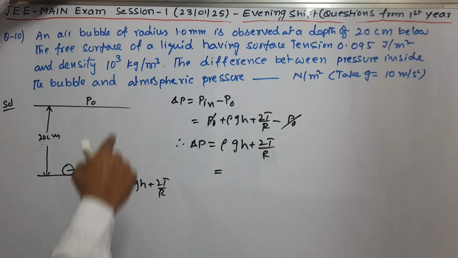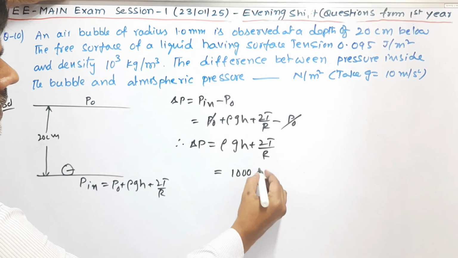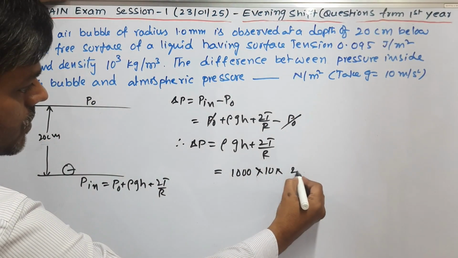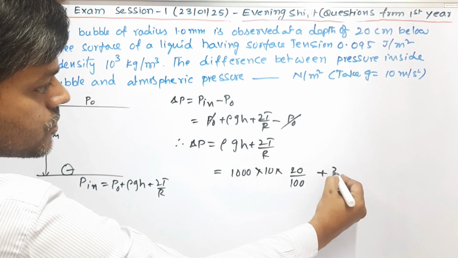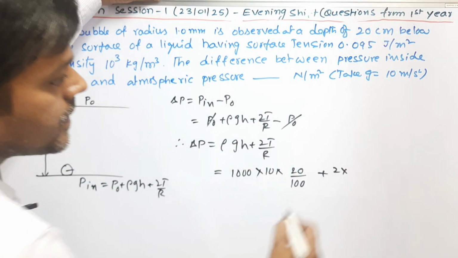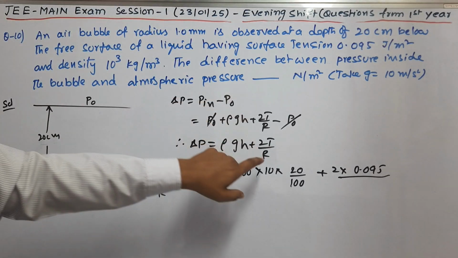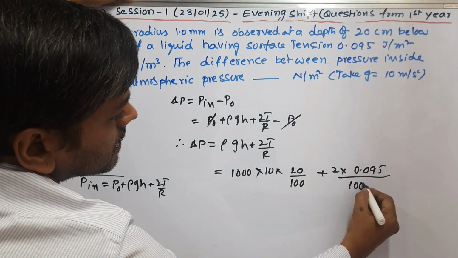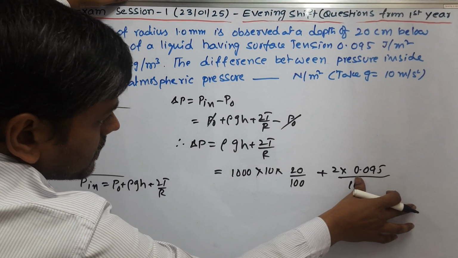Rho is the density, given as 10 cube, that means 1000, into g, which is 10, into h, 20 centimeter, that means 20 by 100, plus 2 into the surface tension 0.095 by R. R is the radius of the air bubble, 1 millimeter, that means 10 power minus 3.